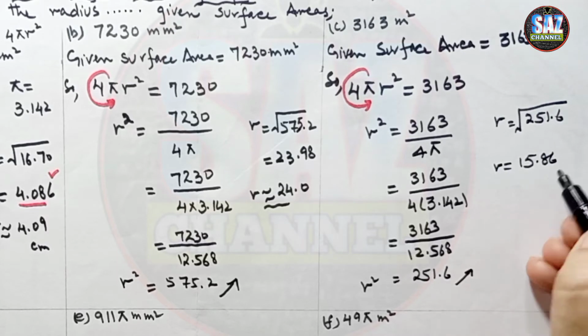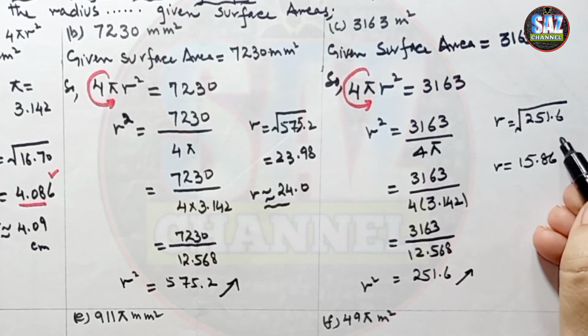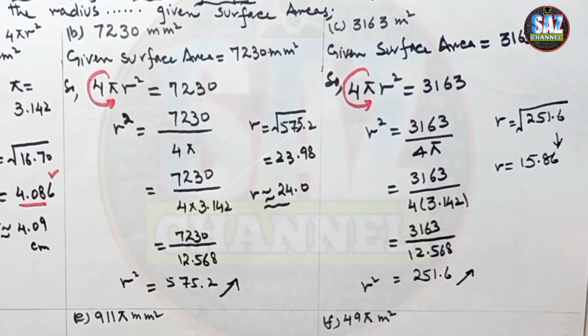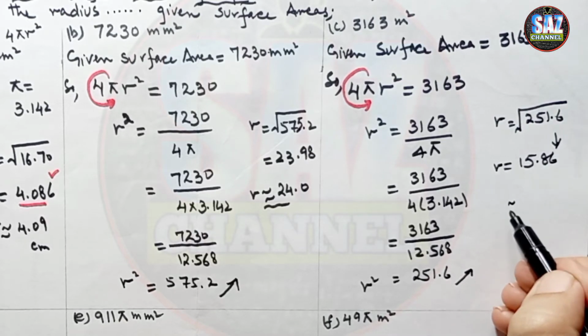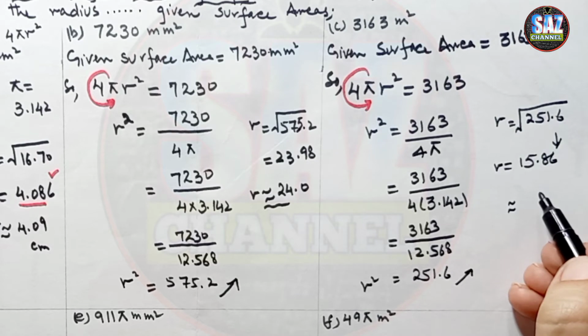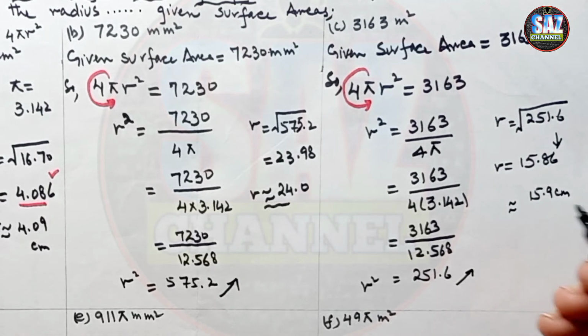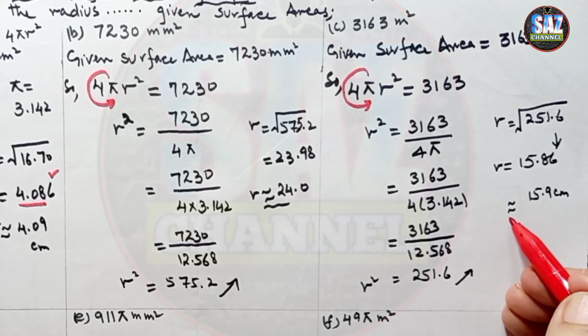As we have to give our answer to 3 significant figures, look at the 4th digit. This is 6, more than 5, so radius will be approximately equal to 15.9 centimeter. I hope you are clear about this part, and let's quickly move to the next part.